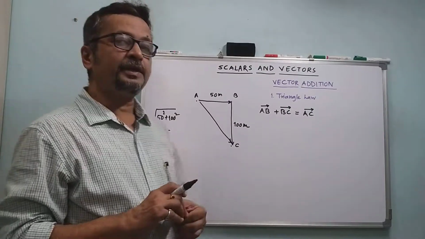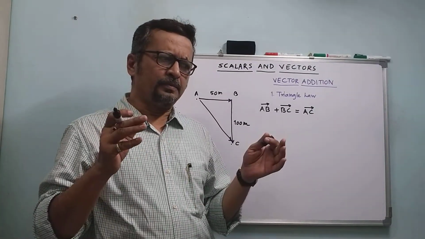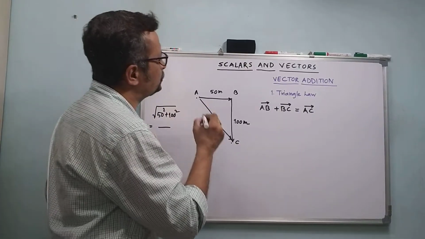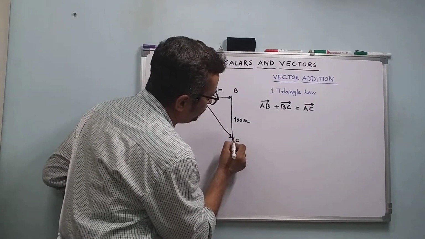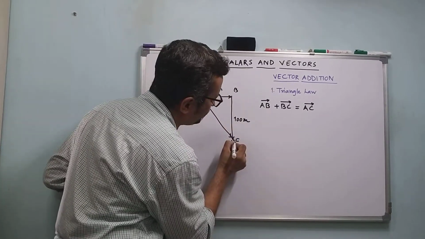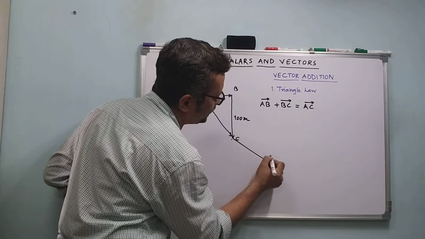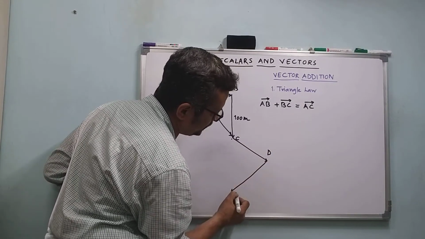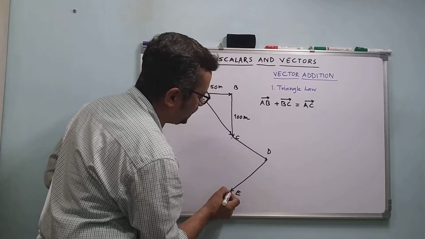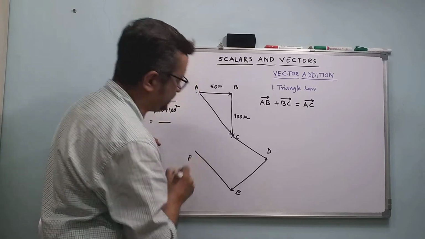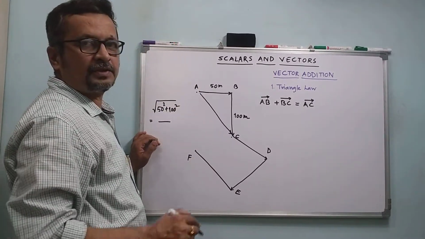But can we generalize this triangle law? Yes, the answer is yes, because now what I'm going to do is I move from point C. I started from A to B, B to C. From C I moved to point D. From D I moved to E. From E I reached point F. So now in this case, what is my resultant?